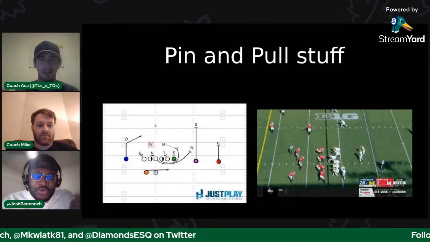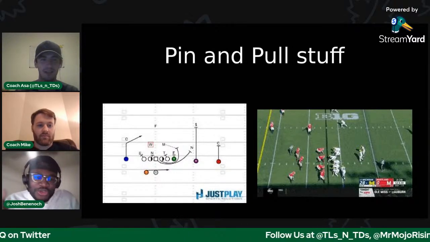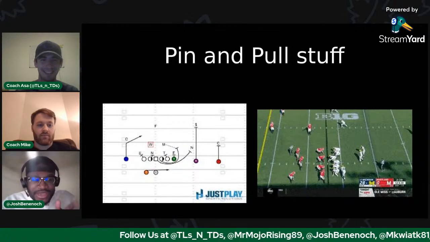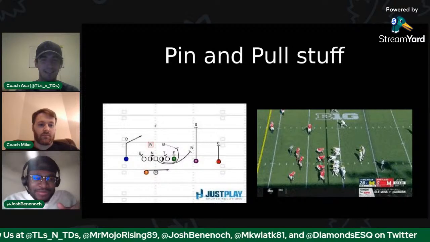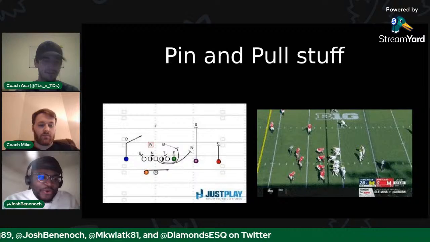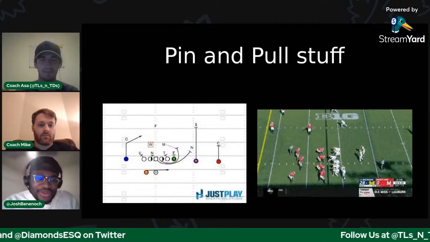You want to keep the play from going outside of you. And so you set the edge by closing down the amount of space the offensive lineman can build up before they get to you, and then making it a smaller hole for the running back to run through, and then allowing your other defensive players to run through and make the play.